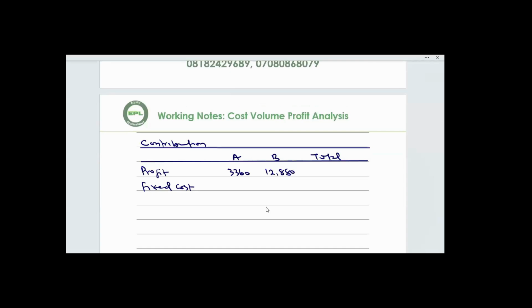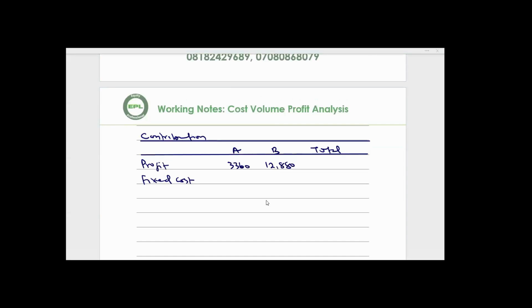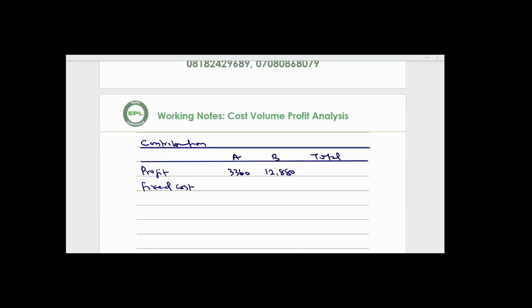According to the question, fixed costs. In fact, since I'm doing it for the company as a whole, the contribution I'm looking for is for the company as a whole. I don't need to be wasting my time doing it one by one. So in this case, just pick the total. That's what I need to do.